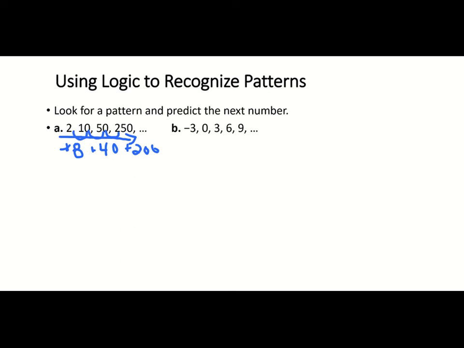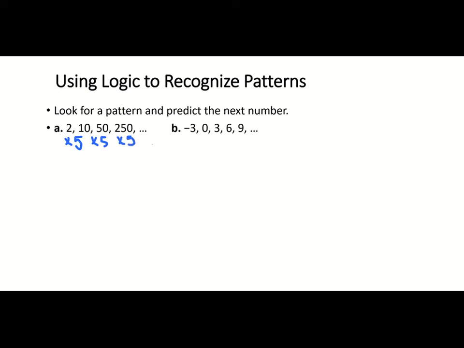So now, instead of addition, let's take a look at multiplication. Well, I know if I do 2 times 5, I'm going to get 10. If I do 10 times 5, it gives me 50. If I do 50 times 5, it gives me 250.